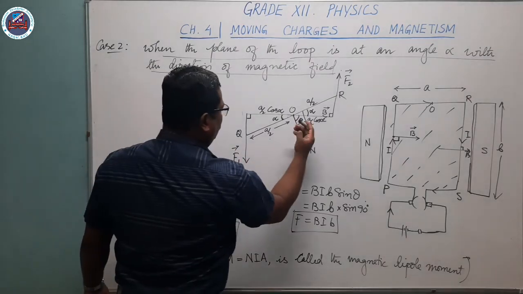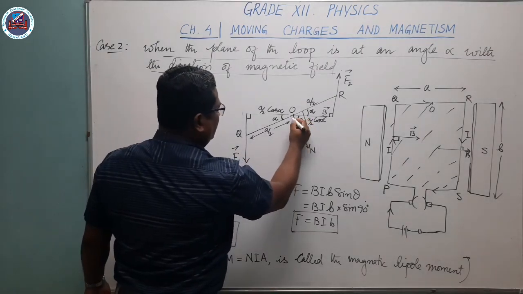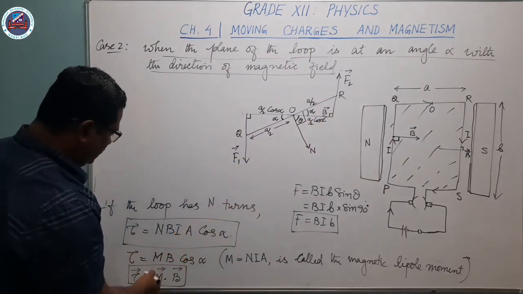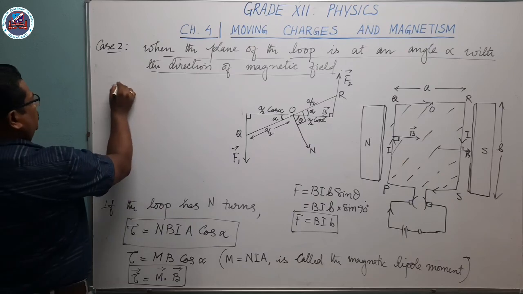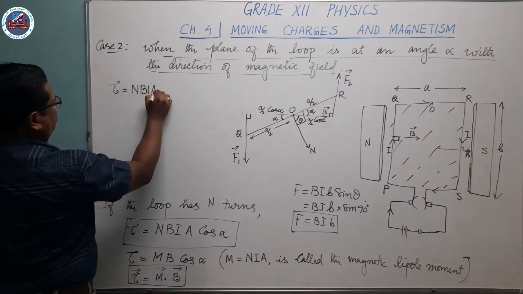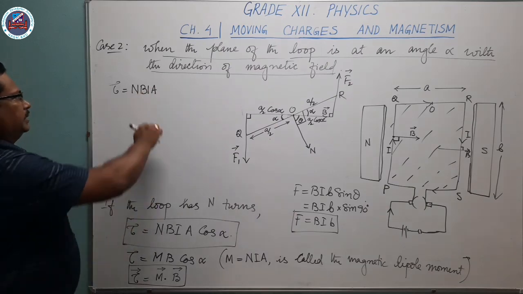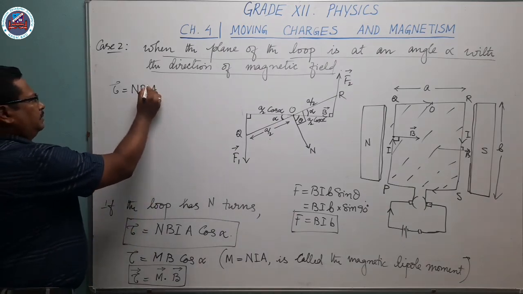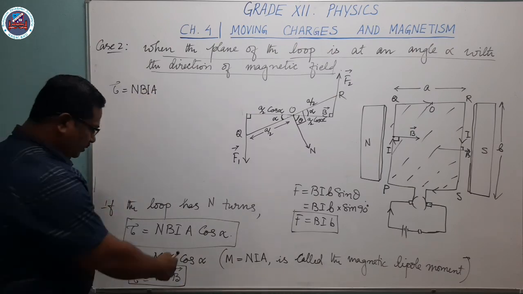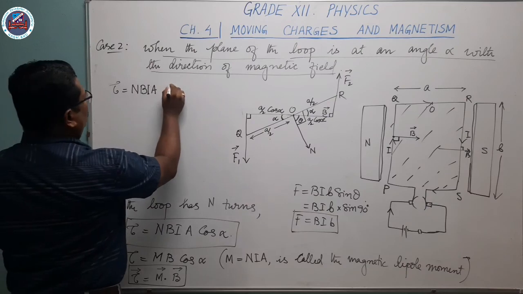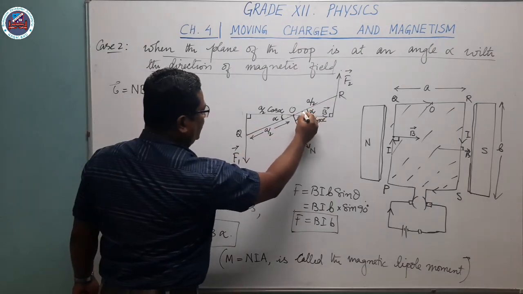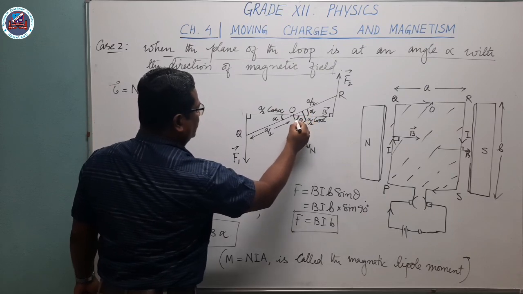The angle between the normal and the magnetic field direction is theta, then your formula becomes torque is equal to NBIA, or you can remember it as BINA, the name of a person, Bina. Then cos alpha, in your formula it is cos alpha, and alpha is equal to 90 degrees minus theta.